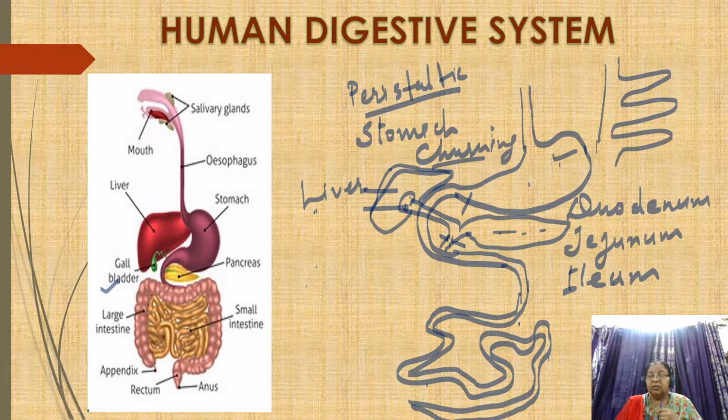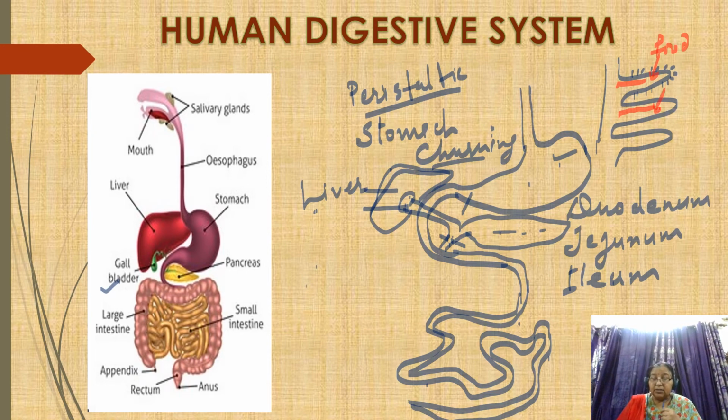Villi, and these villi also have some microvilli. The blood is flowing here. Here the blood is flowing below in vessels, and the food which is digested will be absorbed here.